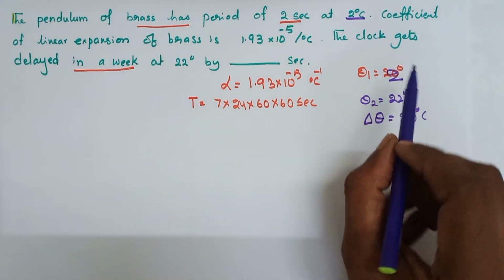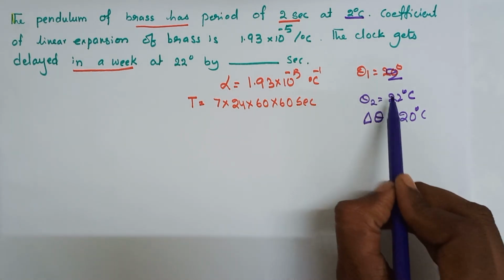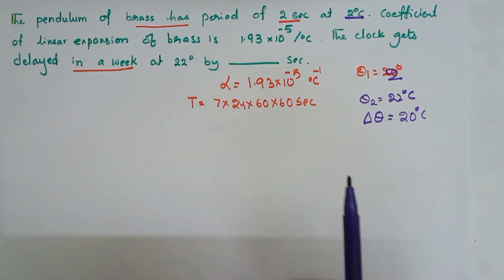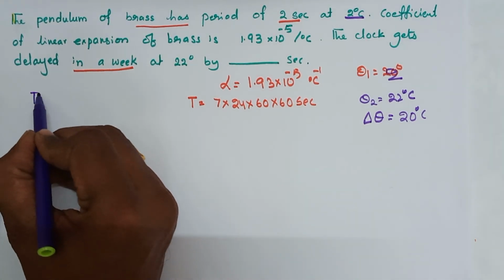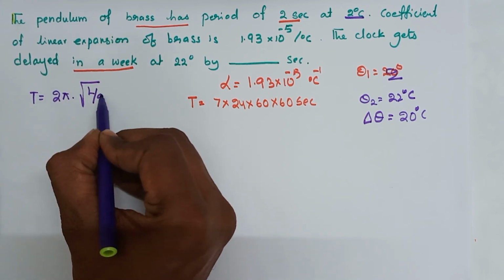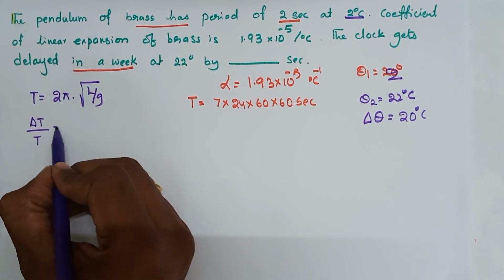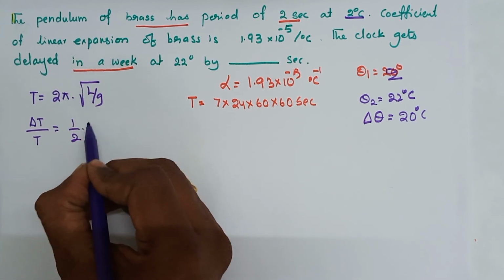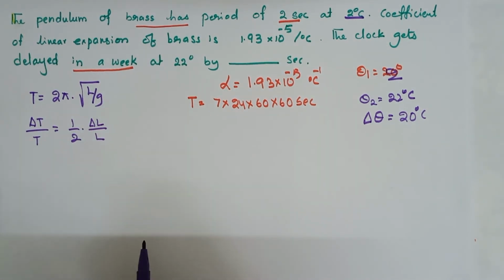In order to avoid confusion between time and temperature, I have been writing theta, which represents temperature. Again, the time period formula: T is equal to 2 pi into root over L by g. Delta T by T is equal to 1 by 2 into delta L by L, as we saw in the last problem.